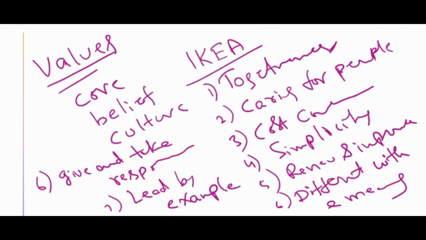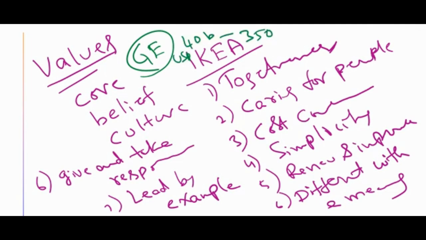Let's take another example of GE, which is a well-known company. Jack Welch focused on core values, and he improved the business from 40 billion US dollars to 350 billion US dollars. Take another example, Microsoft. Bill Gates says, near fit employees are not required for my company.